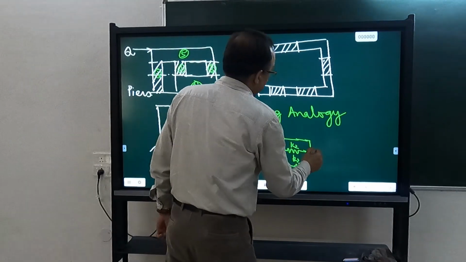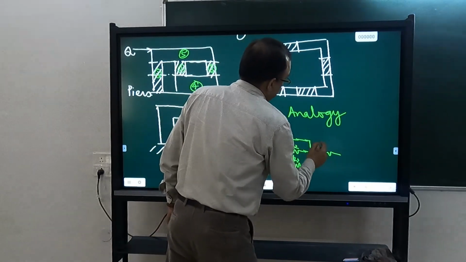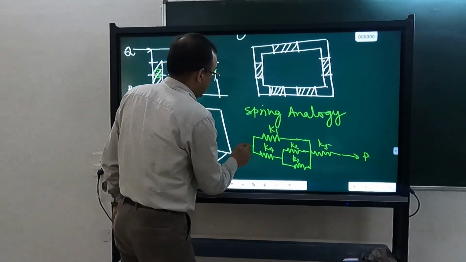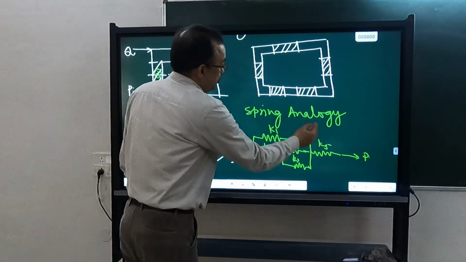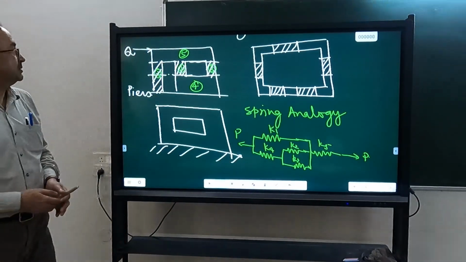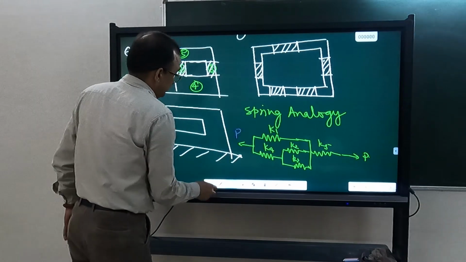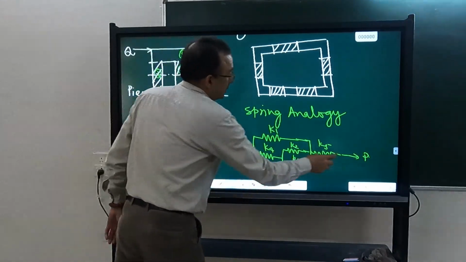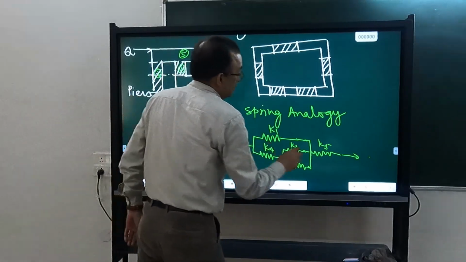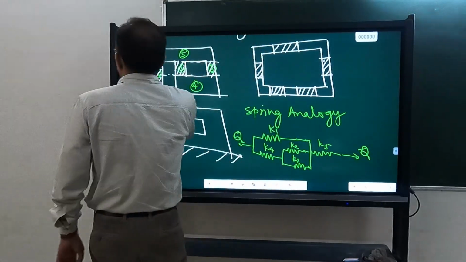And then we have pier 5, and here is my force. So if you solve this spring arrangement, you will get the forces in these piers.